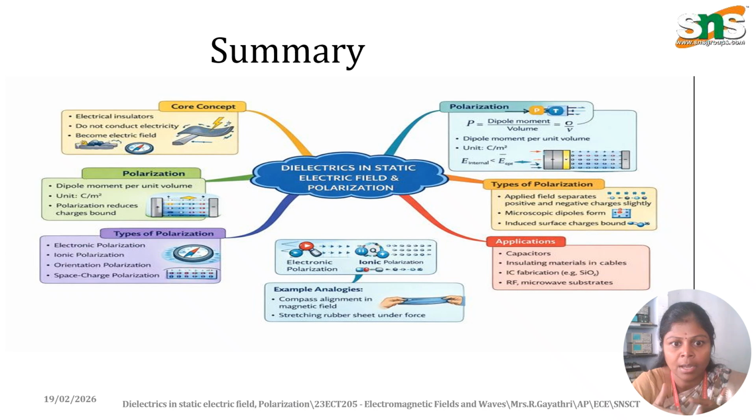Polarization is the dipole moment divided by volume, Q divided by V, and polarization is also related to the dipole moment present in the dielectric material. Applications include IC fabrication, insulating material, and capacitors. Types of polarization include space charge polarization and orientation polarization, and the unit of polarization is C per meter square.